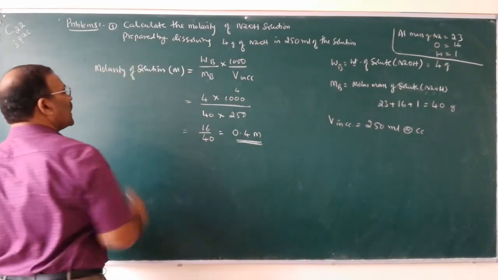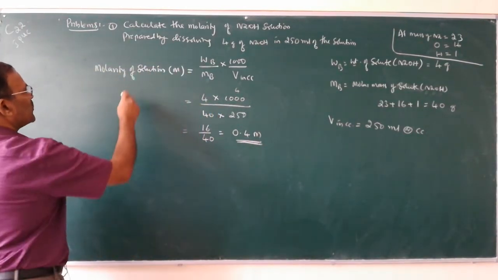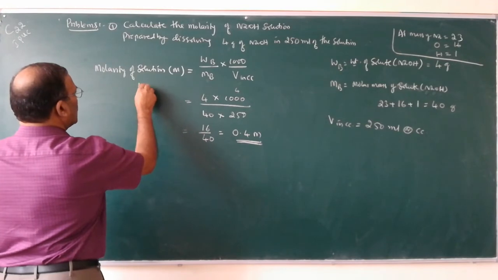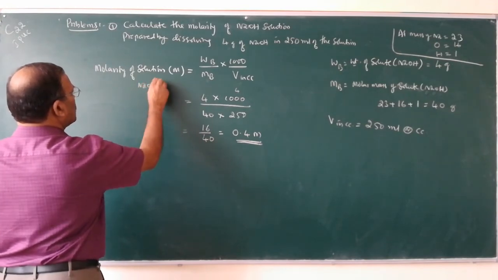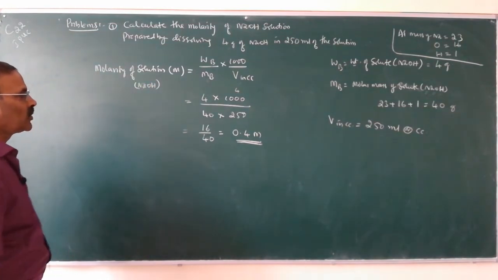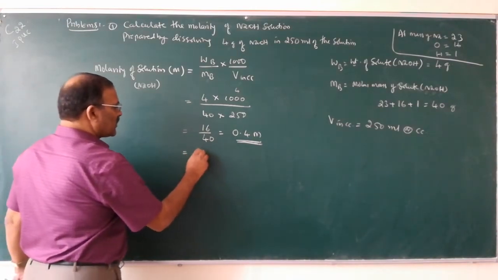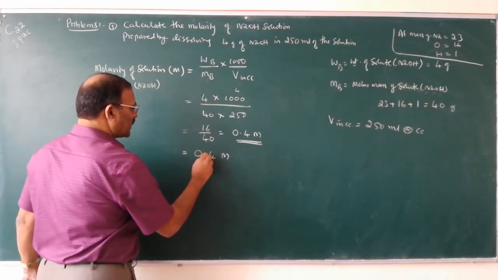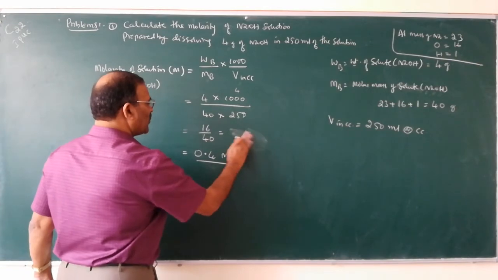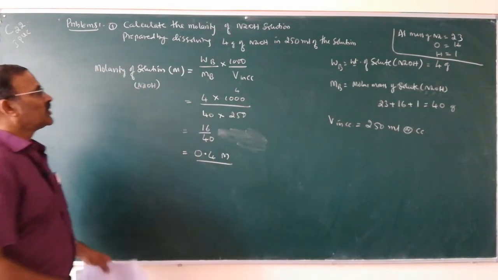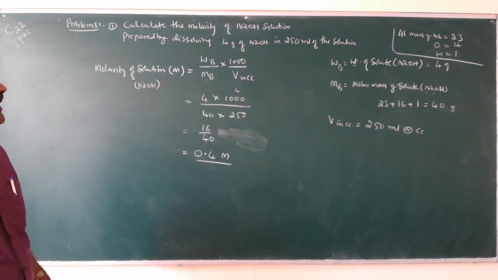So this is the molarity of the solution. Which solution is this? NaOH solution is equal to 0.4 molar. So this is how you can calculate molarity of the solution.